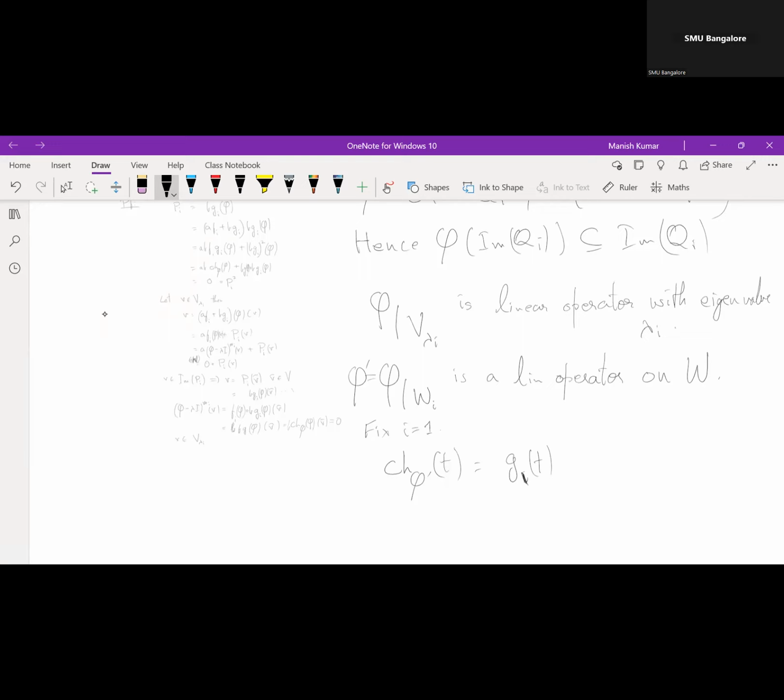You have to remove the lambda_1 factor, and the characteristic polynomial of phi restricted to V_lambda_1 is precisely F_1(T). This is not too bad, but requires a bit more argument.